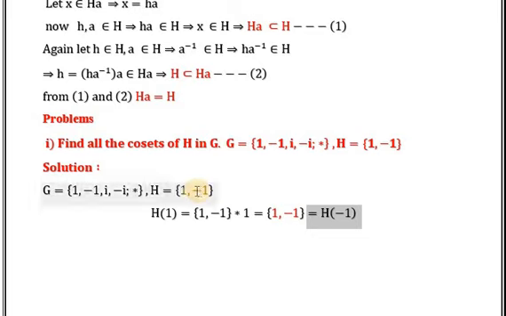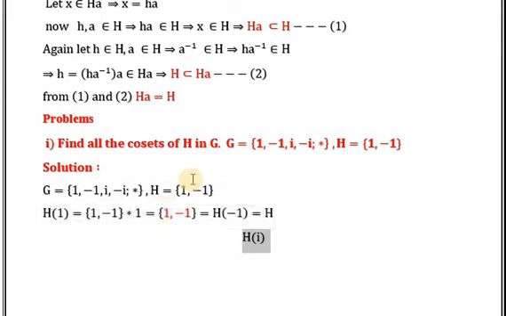When you operate with the minus 1 of G, minus 1 into 1 is minus 1. Again, minus 1 into minus 1 is plus 1. So H of minus 1 is also {1, minus 1}. H1 is equal to {1, minus 1}, and H of minus 1 is also {1, minus 1}. That is nothing but the subset H itself.